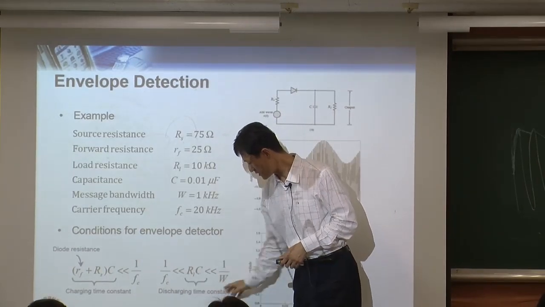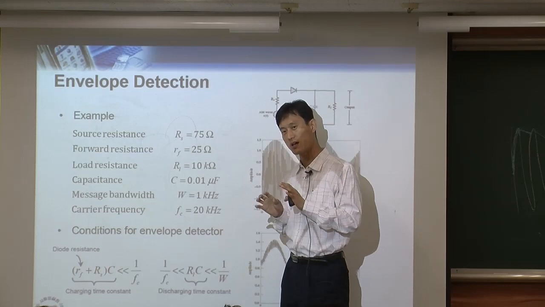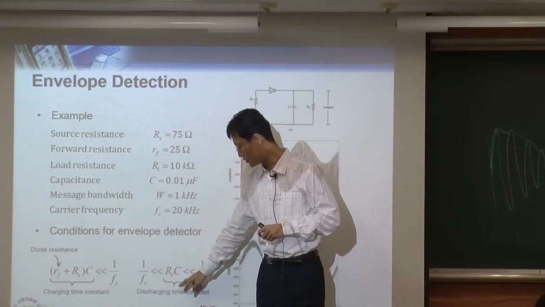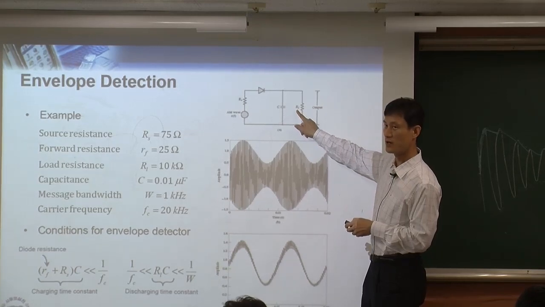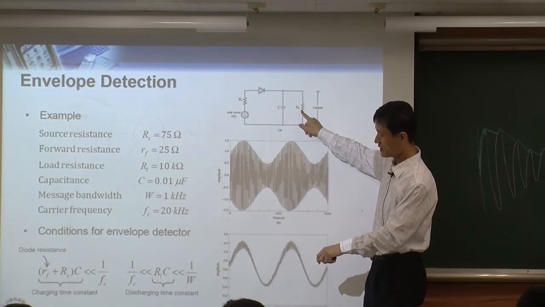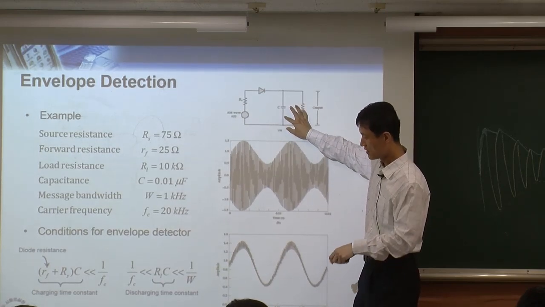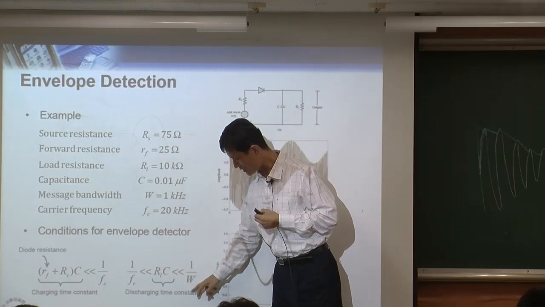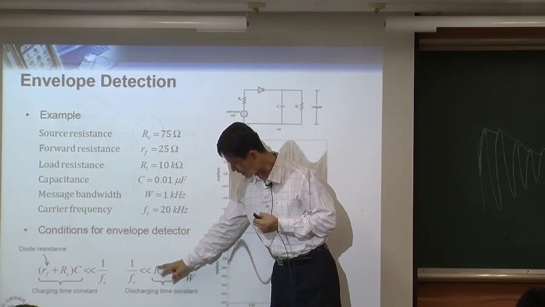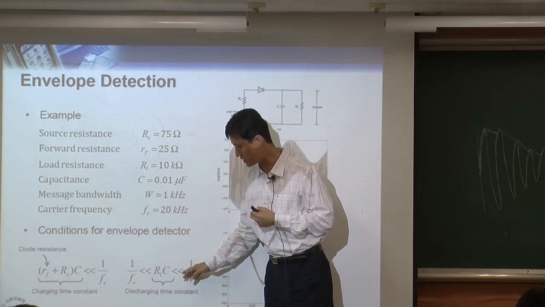R_L C, this is the discharging time constant. When you multiply R and C, that's called the time constant. When you look at this one, R_L is called the load. R_L C, that's this part, this RC. This RC is for discharging. You want to choose this RC, R times C, to make the discharging constant satisfy this condition.